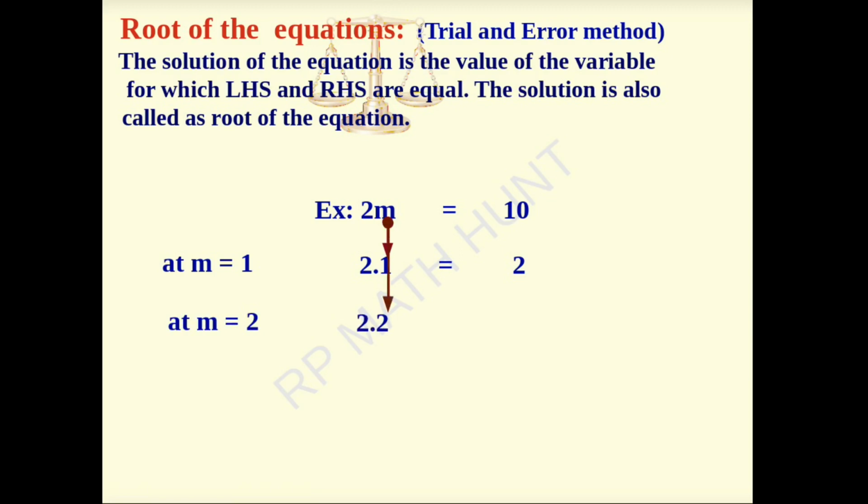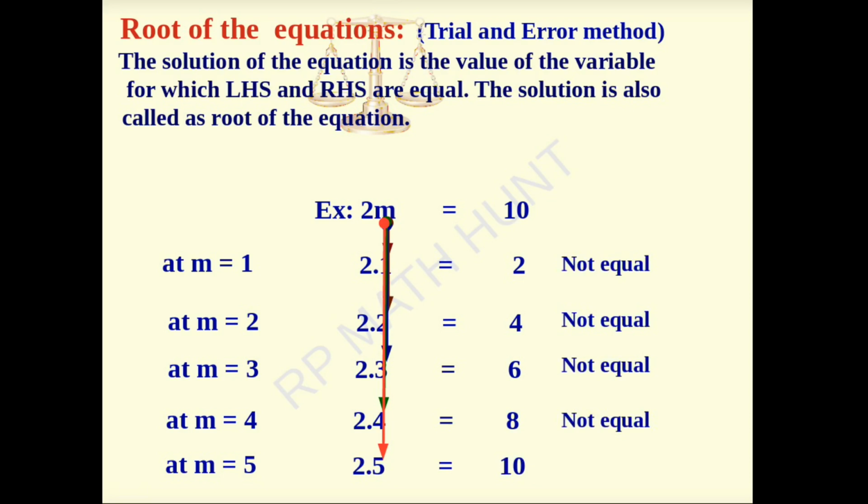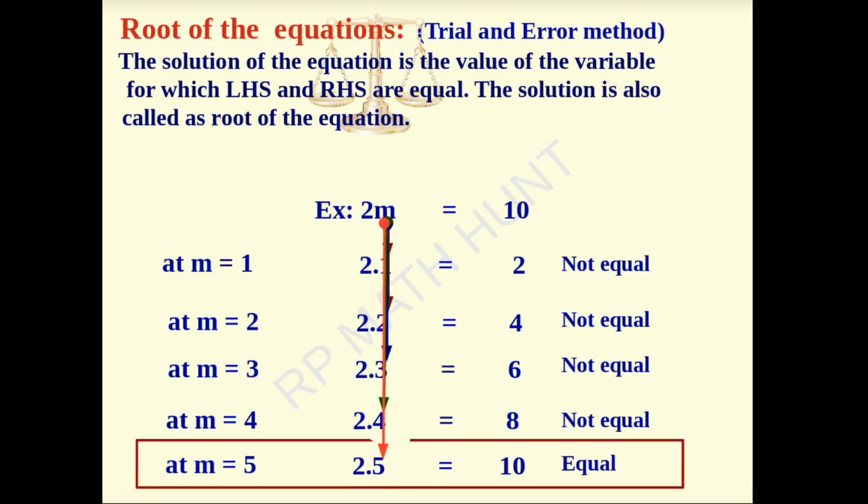At m equals 3, 2 into 3 equals 6. At m equals 4, 2 into 4 equals 8. And at m equals 5, 2 into 5 equals 10. Both sides are equal. Yes, it holds good. At m equals 5 it holds good for the equation 2m equals 10. So they are equal, and 5 is the root of the equation.